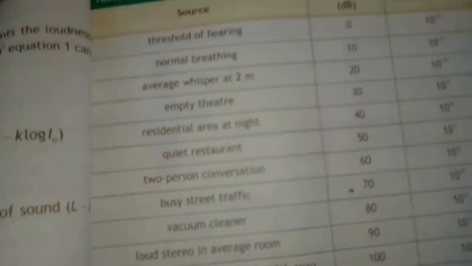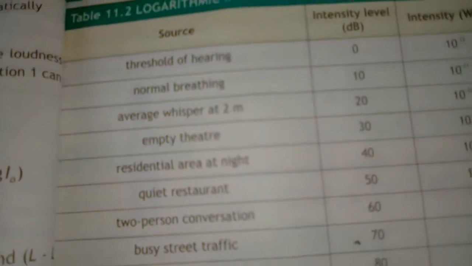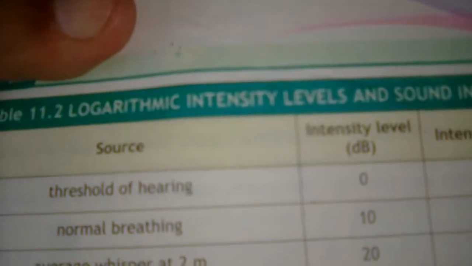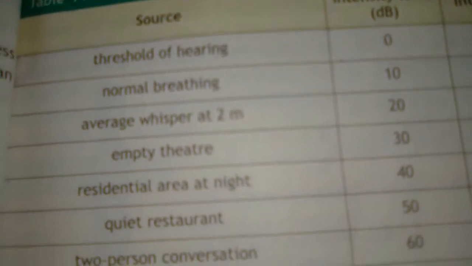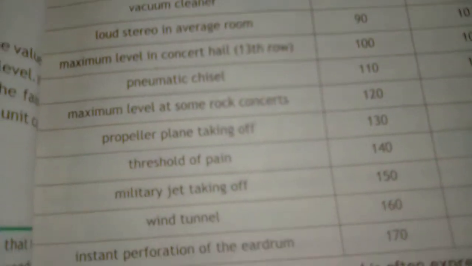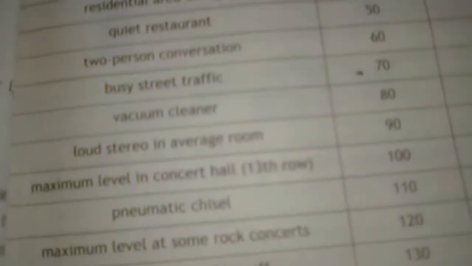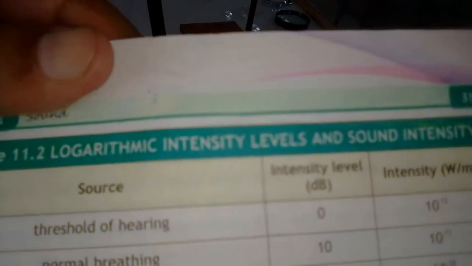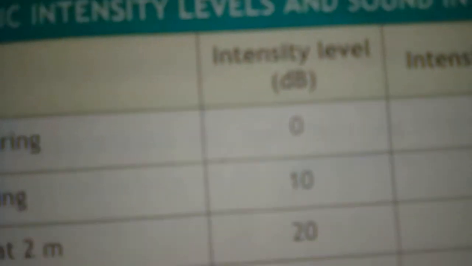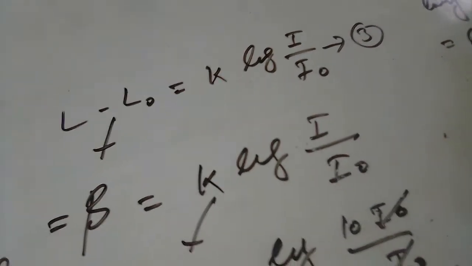Such a scale is known as the decibel scale.